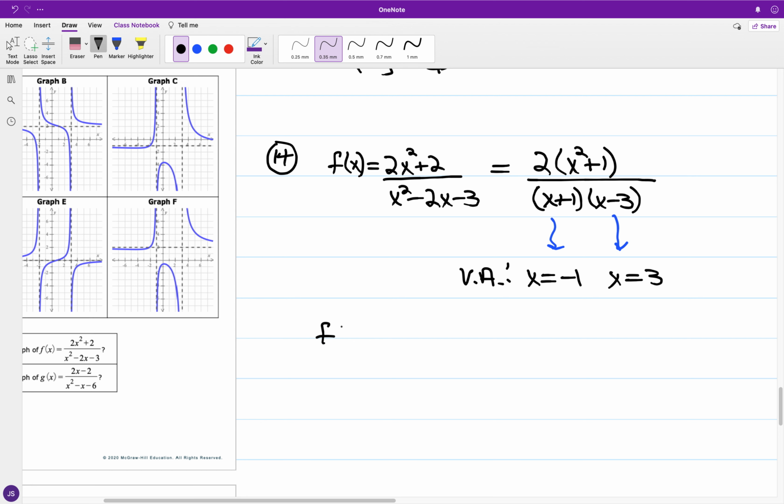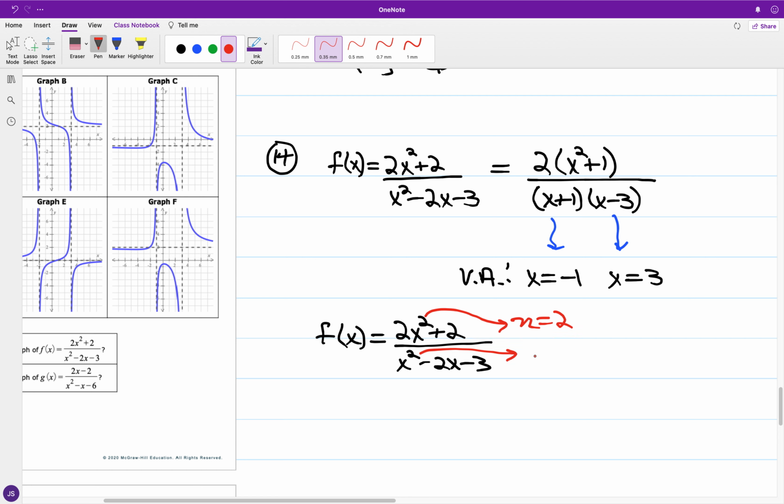And in the case of any other asymptote, this will come down to degree comparisons between the numerator and denominator. In the numerator, we have the square in 2x squared, so the degree of the numerator is going to be 2.